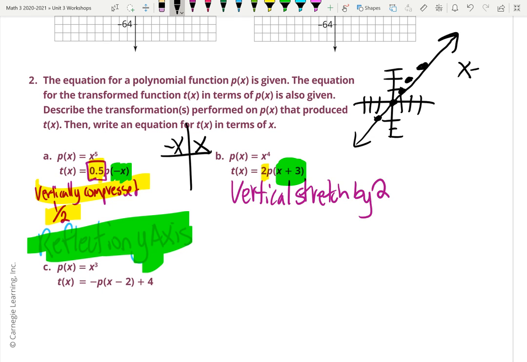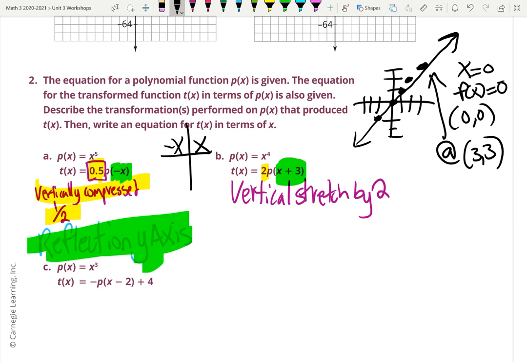My x value is 0, and the output is 0. So this point is 0, 0. What would happen if I added 3? Well, you can see here that at 3, 3, that's the point. So essentially what it does is it adds 3. It's going to cause the graph to go to the left 3 so that it looks like so.